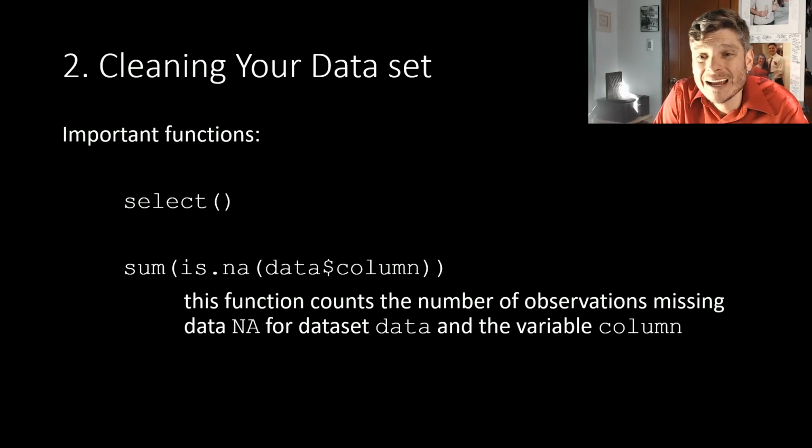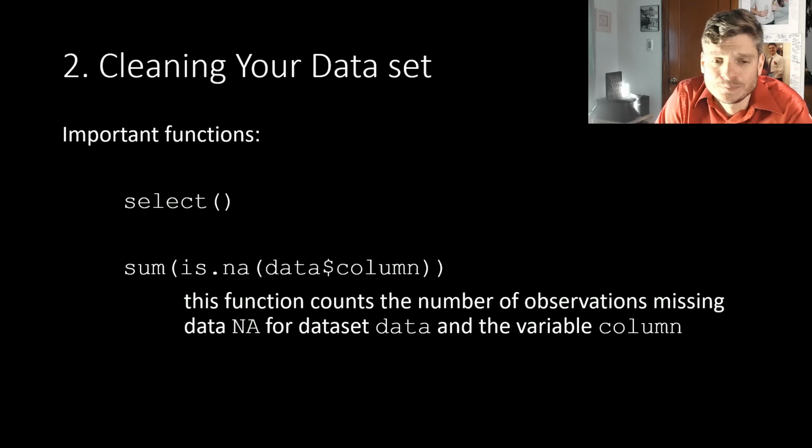If I want to check how much of a particular column is actually missing data, how much of it is NA, we're going to use a combination of functions. The first function, the one on the inside, is called is.na, and literally that's just going to run through and tell me, okay, is that particular data missing?